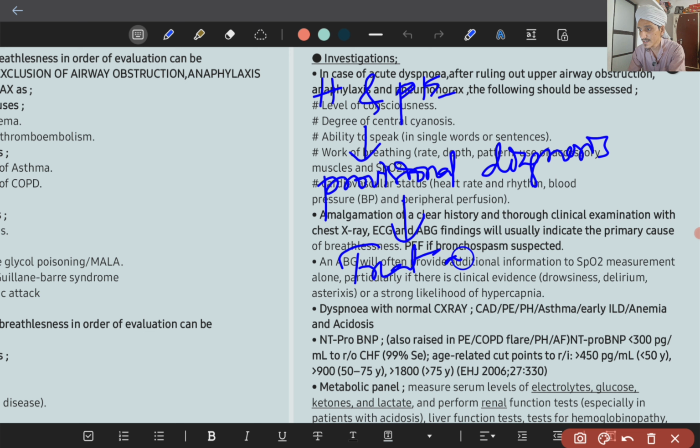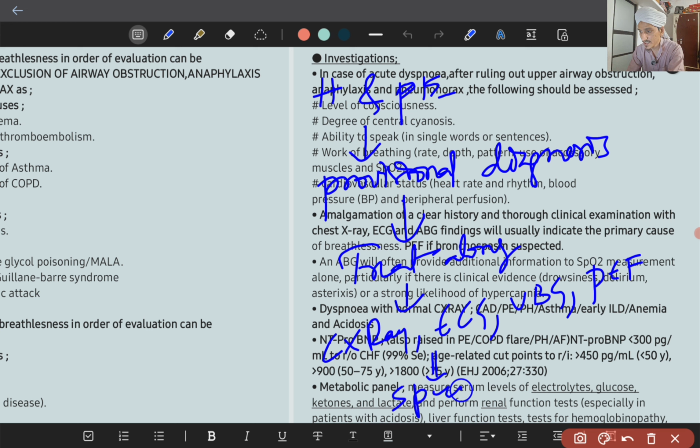Alongside with that, do chest X-ray, ECG, and VBG, and if bronchospasm suspected, PEF. Then from the provisional diagnosis, you will reach a specific diagnosis, then treat according to that specific diagnosis. This will be the algorithm for management of patient of acute breathlessness, based on history, physical examination, and the vitals of the patient.